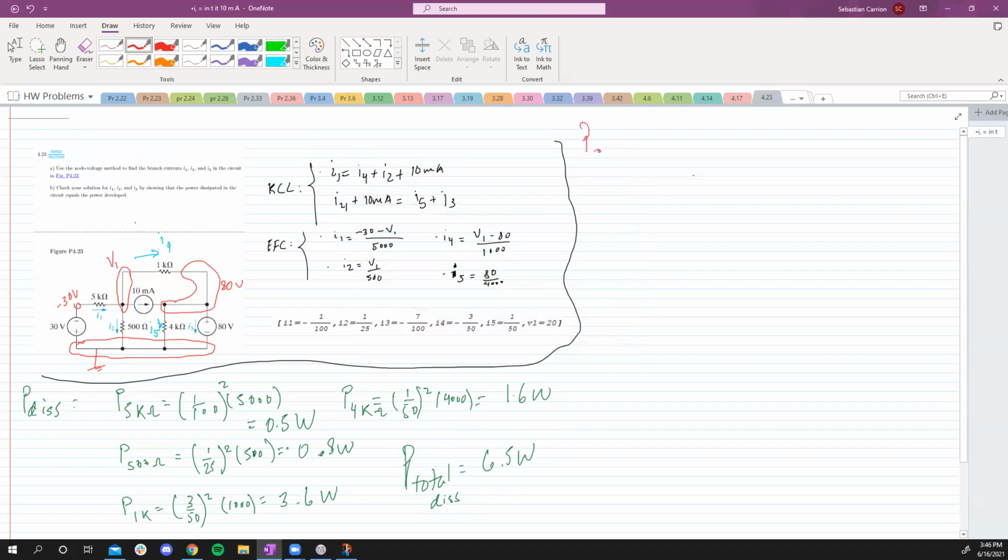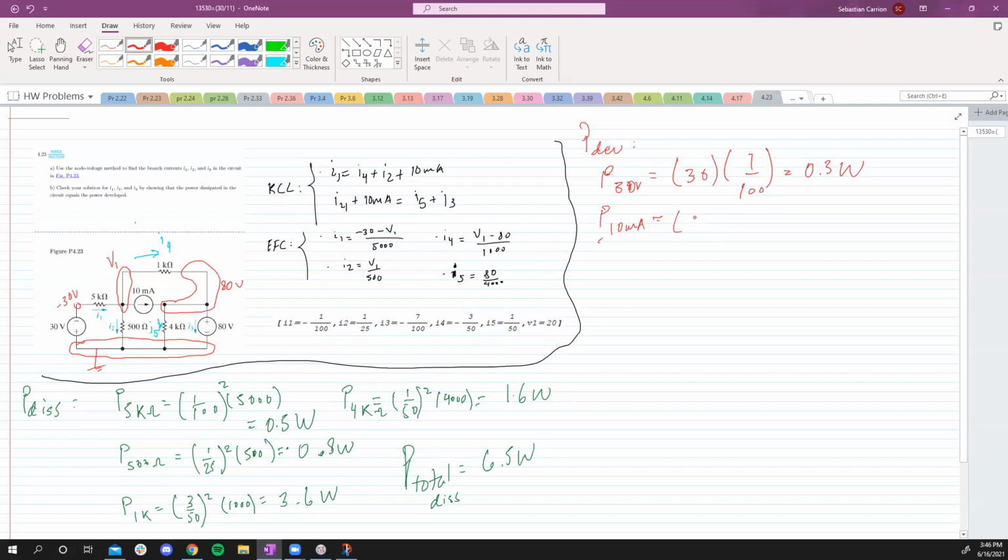Now total power developed. For the 30 volt source, we have 30 times I1, which should be 0.3 watts. Power developed by the 10 milliamp source would be V1 minus 80, so we have -60.